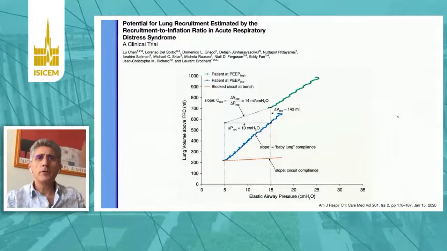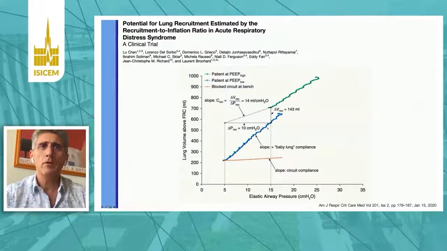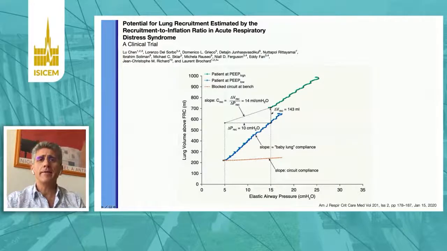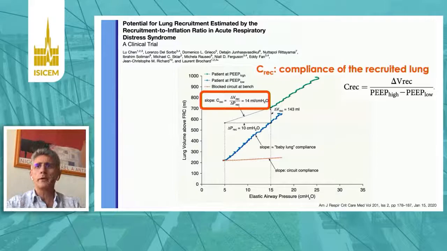Doing so, you can actually define a PEEP level and the compliance of the recruited lung, and that's quite helpful to measure what has been defined as the recruitment to inflation ratio.